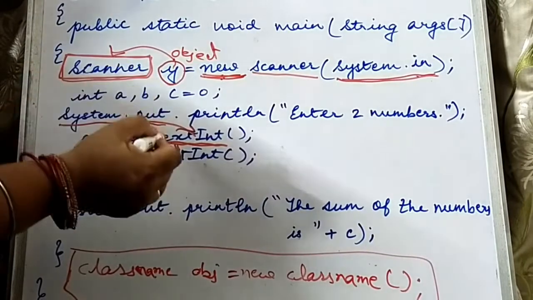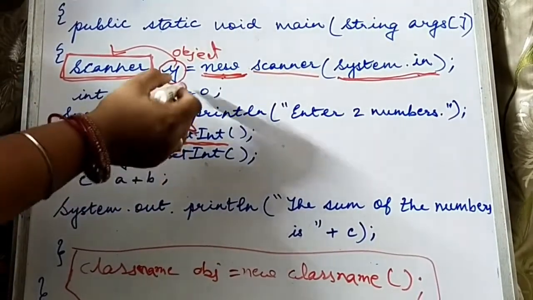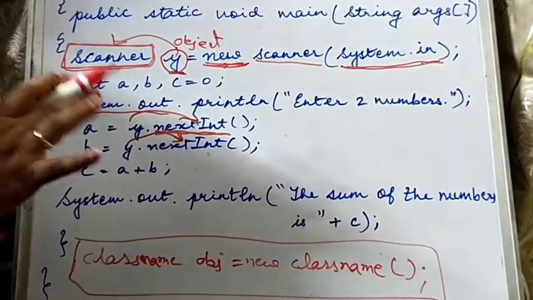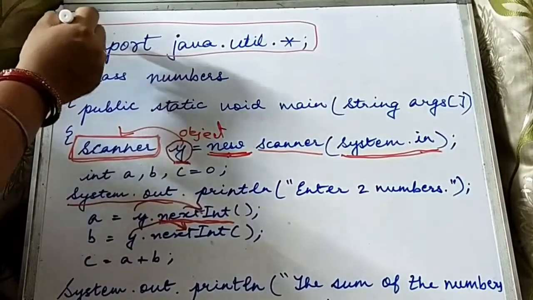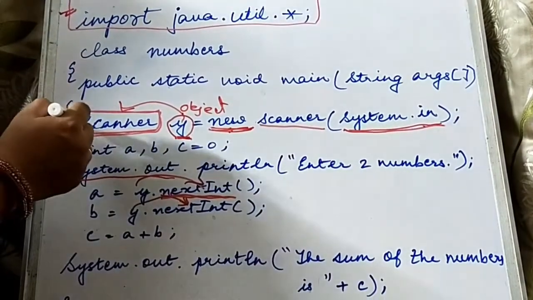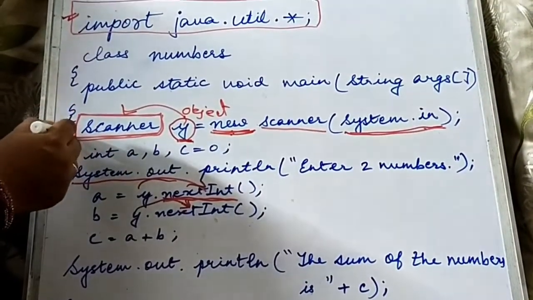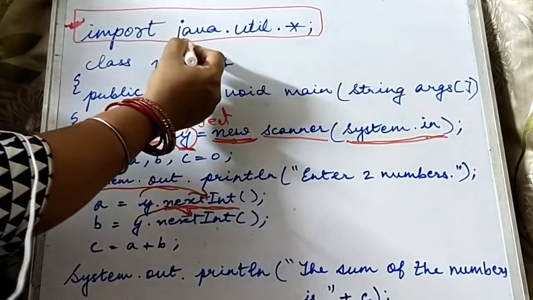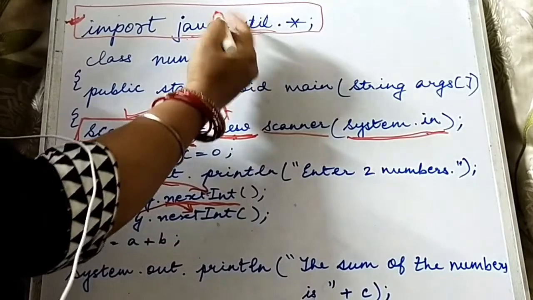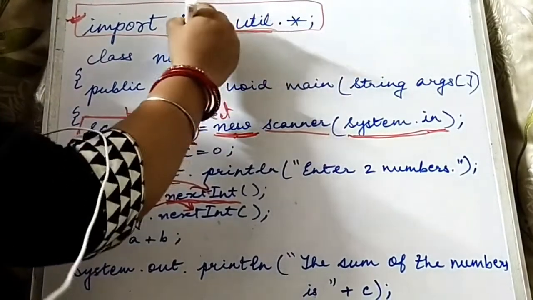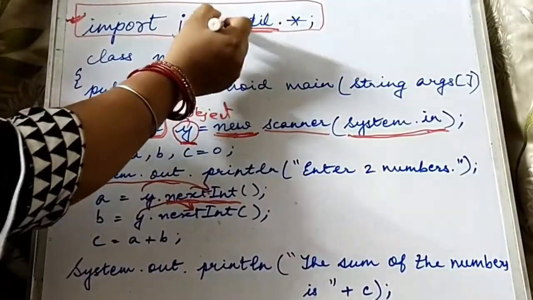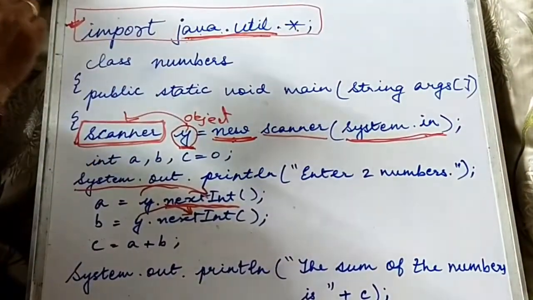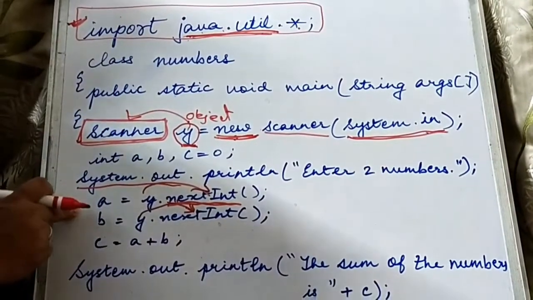So to access this nextInt method I am using y as an object. Here, to make a link to the Scanner class, I have written the import keyword, and I have accessed the package where the Scanner class is present, that is java.util.